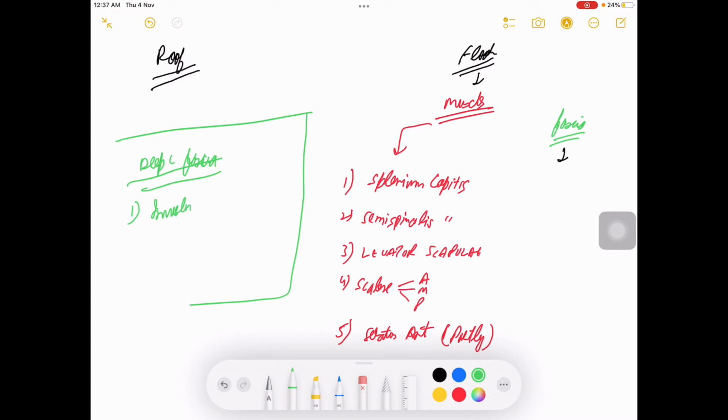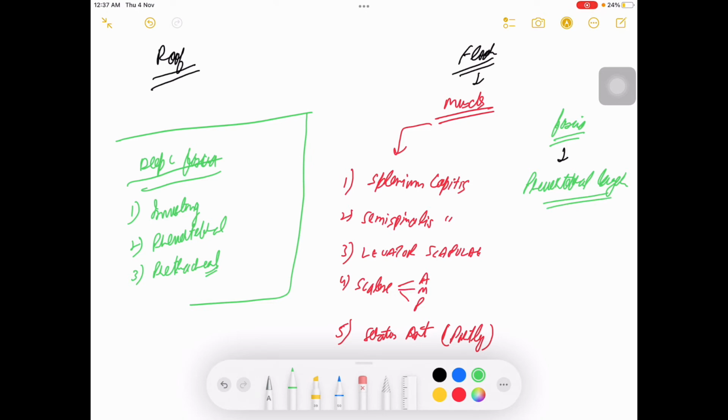Investing layer, pre-vertebral, and pretracheal. Okay, so over here this fascia is the pre-vertebral layer of deep cervical fascia, and under it basically lies all the axillary structure.